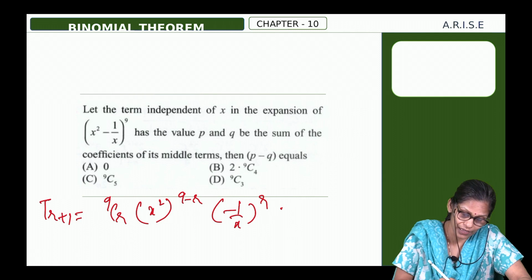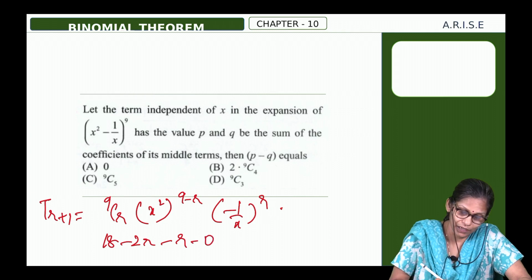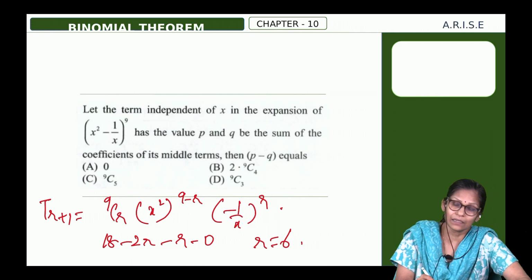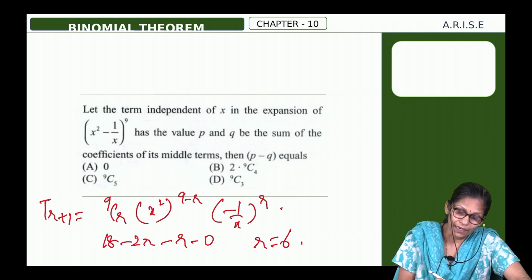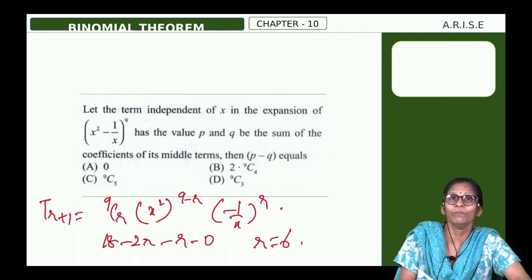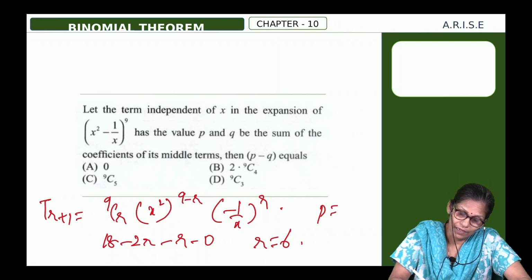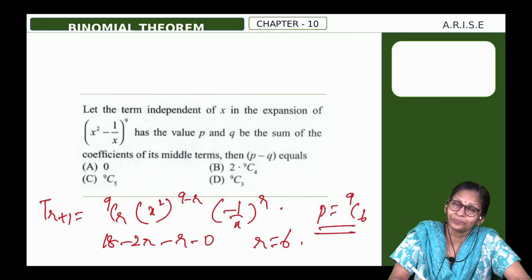What is the power of x? It is 18 minus 2r minus r. That should be 0, means 3r is 18, r is 6. So, what is the term independent of x? It is 9C6 into (minus 1) raised to 6. So, p is just 9C6.